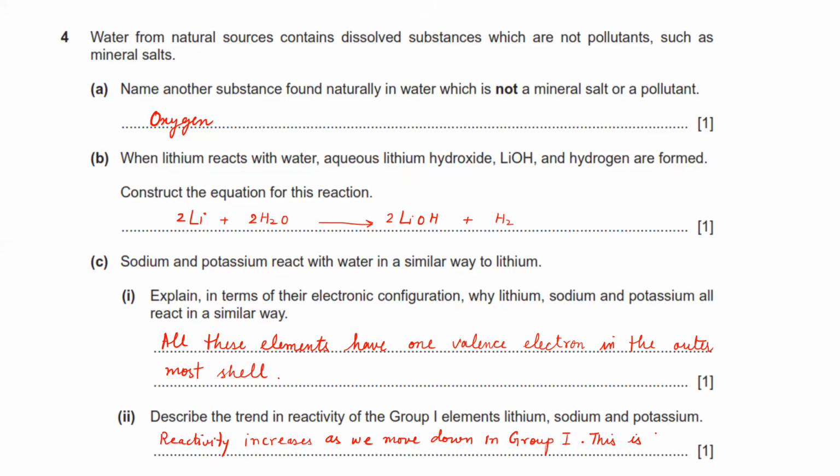This is because the electrons in larger atoms are far from the nucleus and can easily be removed.